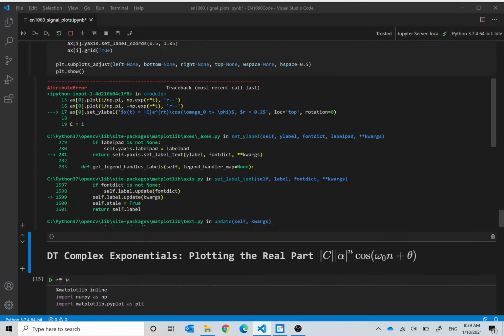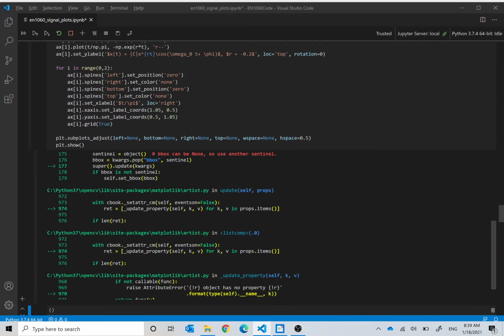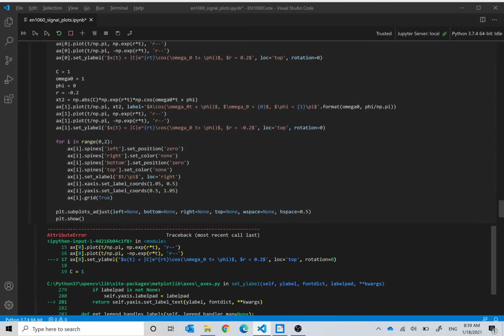I'm sorry about that, I think it's not connected. Yeah, some minor mistakes in the code. So let me correct that.